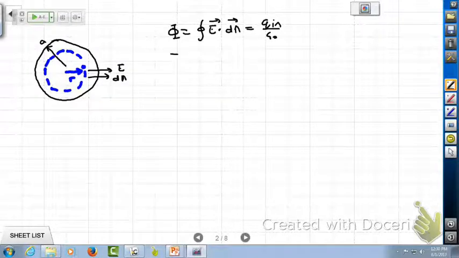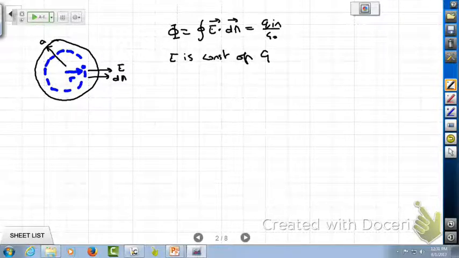And then I say, well, E is constant on the Gaussian surface. And you can see, even though you're inside the charge, it's symmetrical. So that electric field for every point on this blue dotted line is going to be the same. It's not going to be the same as it would be outside at some point, but it's going to be of the same value. I don't know what the value is. I'm trying to find the value, but it's going to be constant. Is that agreed just from the symmetry?